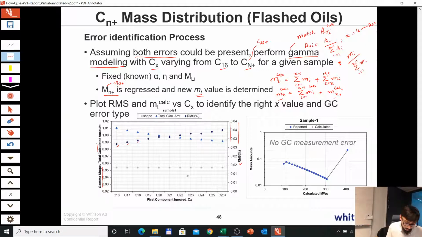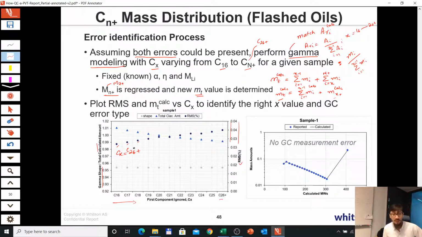So again, Cx is the last component on this list. Just look for the last component where the RMS is either minimum or close to 0. And here we see that the RMS at all points is close to 0. So what's the last component here? That's C26 plus. So the Cx here is C26.